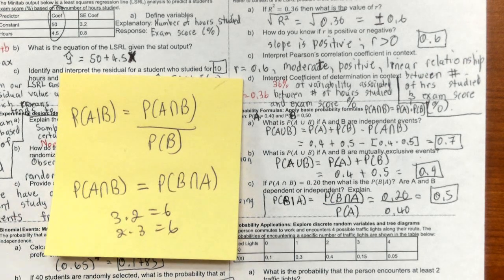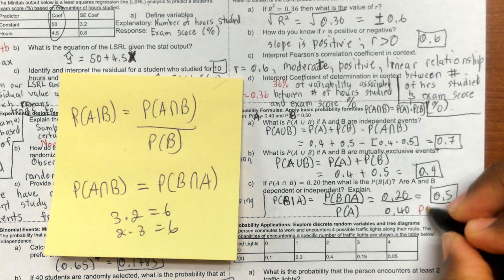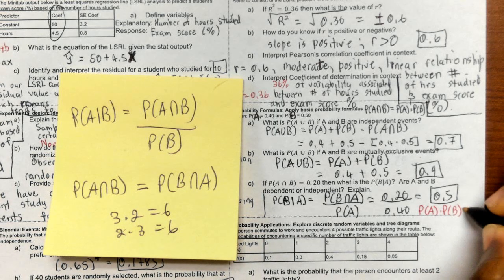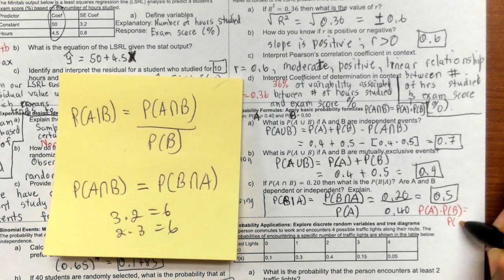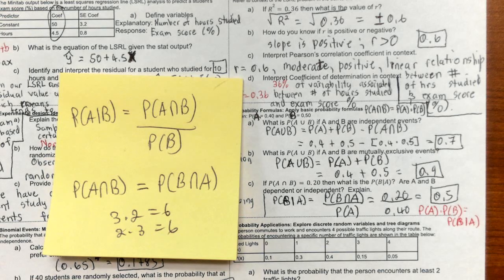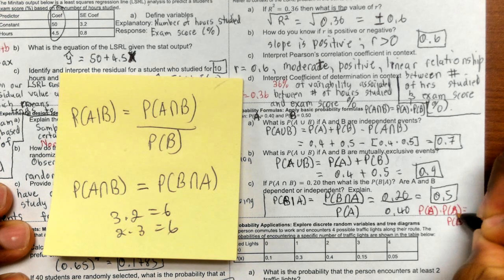So now I need to determine whether it's independent or dependent. For it to be independent, probability of A times probability of B needs to be equal to the given, so probability of B given A, all right? So essentially, if I multiply these, technically this should be BA, all right?